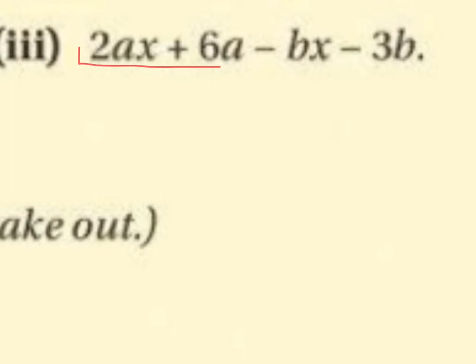So if I break this down into two different sums, I'm going to start by factorizing 2ax plus 6a. So what's common to 2ax and 6a? What will divide into both of them? Well, first of all, I can divide 2. 2 will divide into 2 and 2 will divide into 6. And also I have an a common to both. So 2a is going to be my HCF of the left hand side.